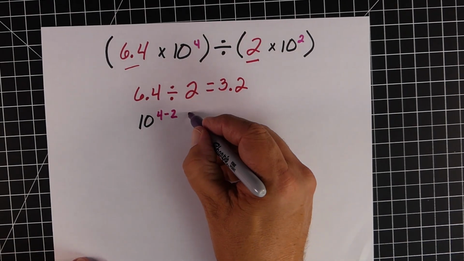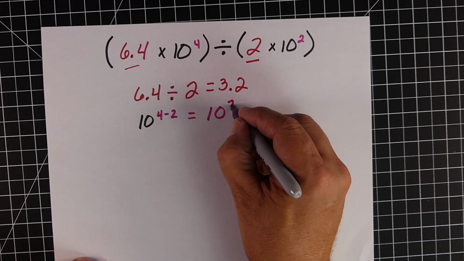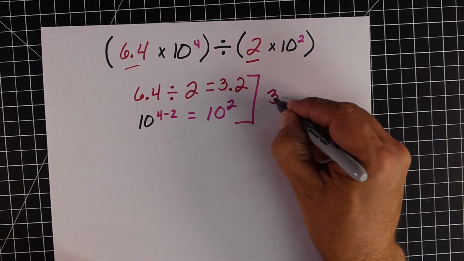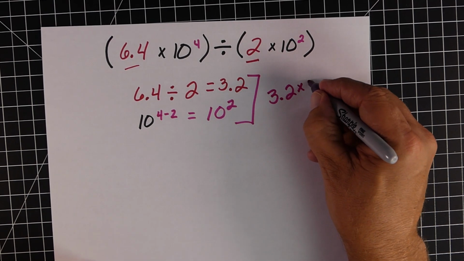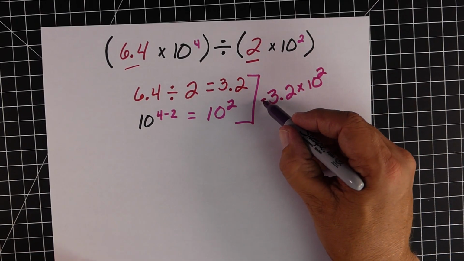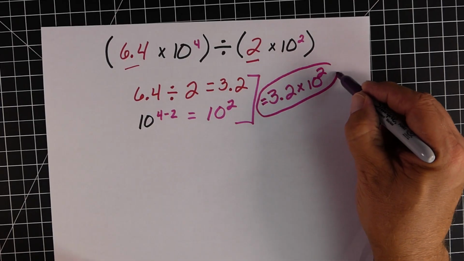So we have 10, but it was to the 4th minus the 2nd, so 4 minus 2 is going to be 2. We're going to combine these two to get our scientific notation. So it's going to be 3.2 times 10, and we're going to keep the second power.